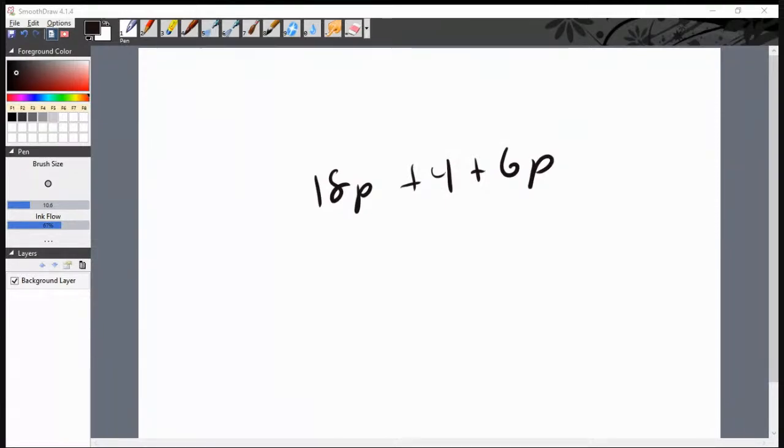It's not simplified. So how would I simplify this? You just add, right? Just add the 18p plus the 6p, right?